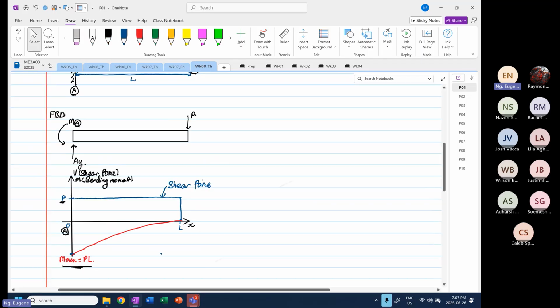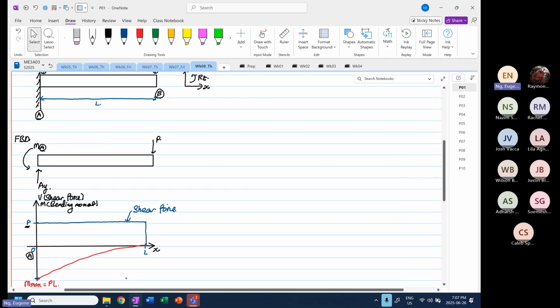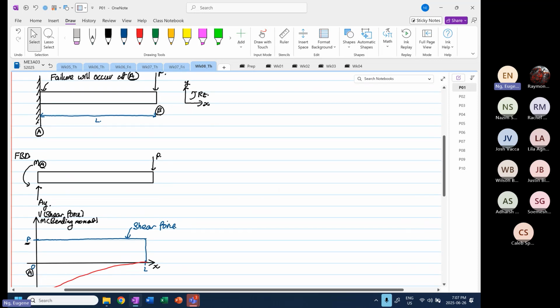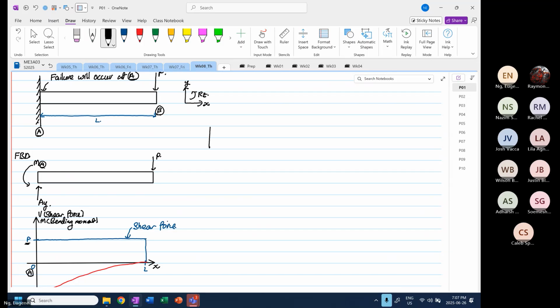Okay, so now if we were to look at this in 3D, so this is X, this is Y, and this is our Z. So I'm going to sketch this diagram in 3D.